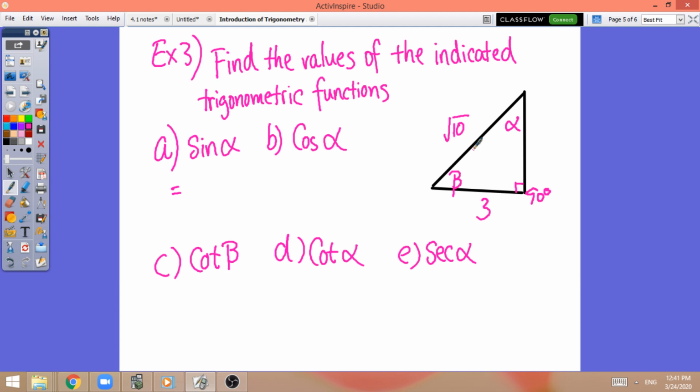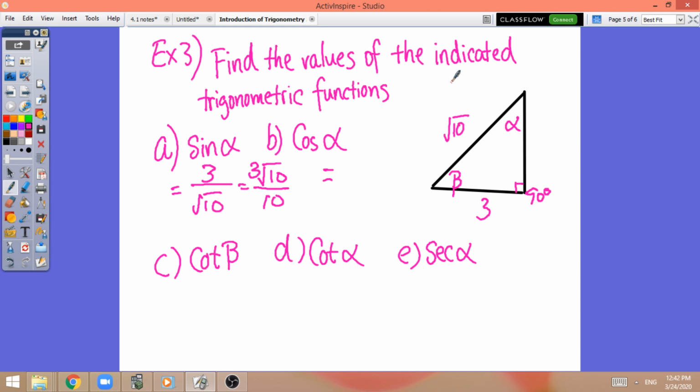Okay, so sine of alpha is 3 over root 10. Alpha is the base angle, so opposite is 3 and hypotenuse is root 10. Rationalize it, so 3 root 10 over 10. And then cosine of alpha, so now we need to figure out the missing side.